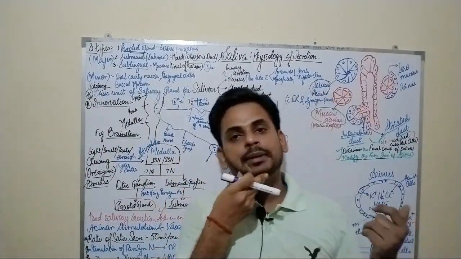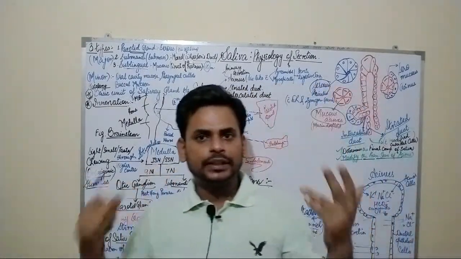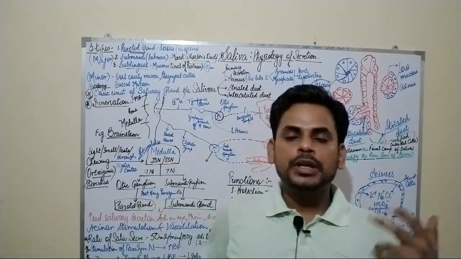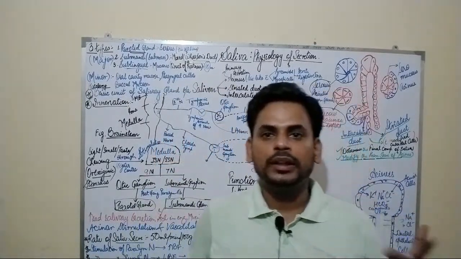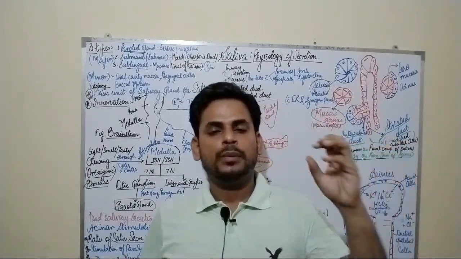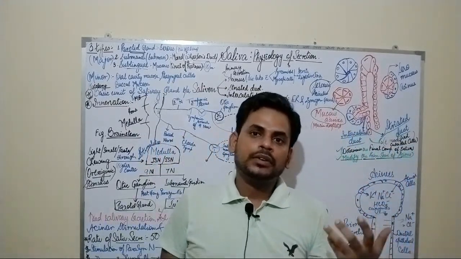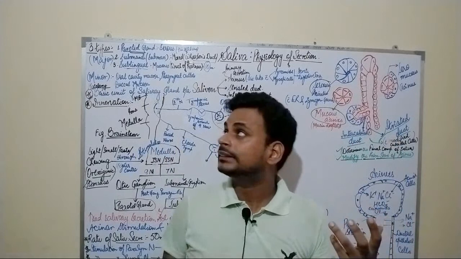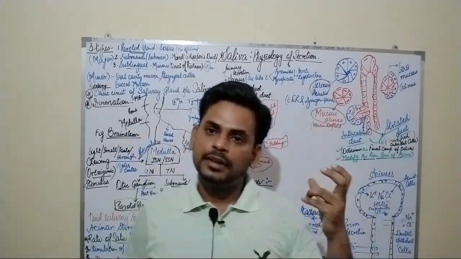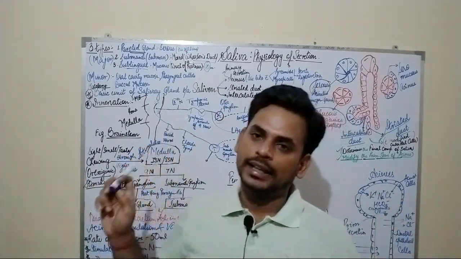Now, looking at what kind of secretions these three glands predominantly produce: the parotid gland has secretions that are rich in water and electrolytes. This secretion is called the serous secretion, which is rich in digestive enzymes, and in water and electrolytes.